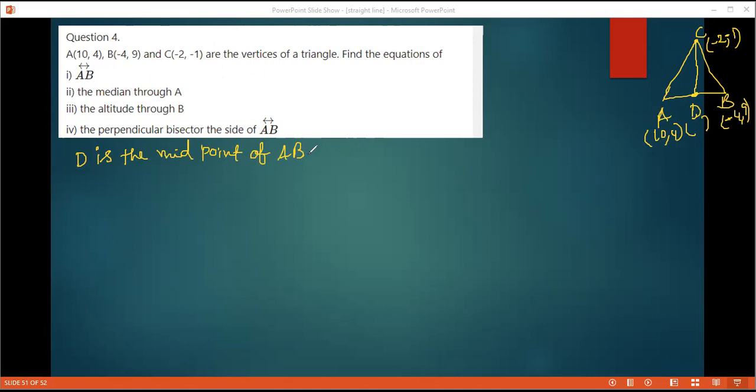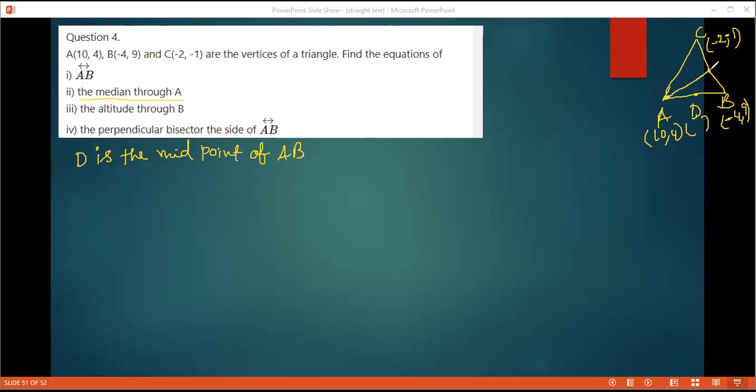So can we take here the median through A? Sorry. For the normal case I explained like this, but in particular, the median through A. So we have to take the median through which point?